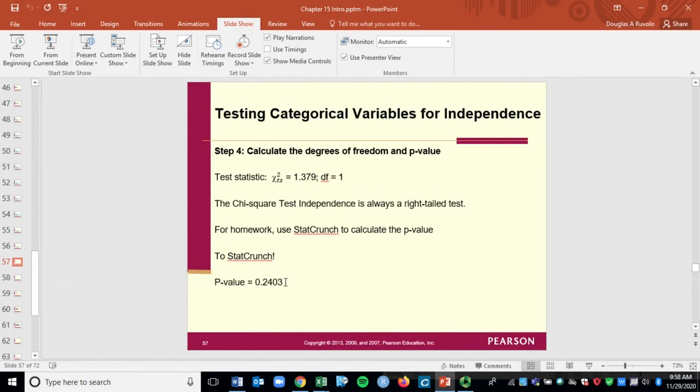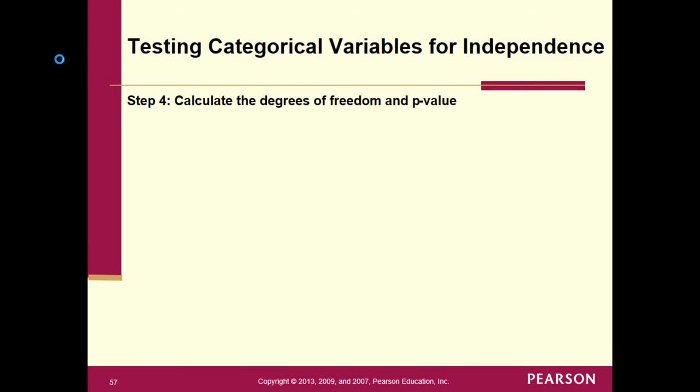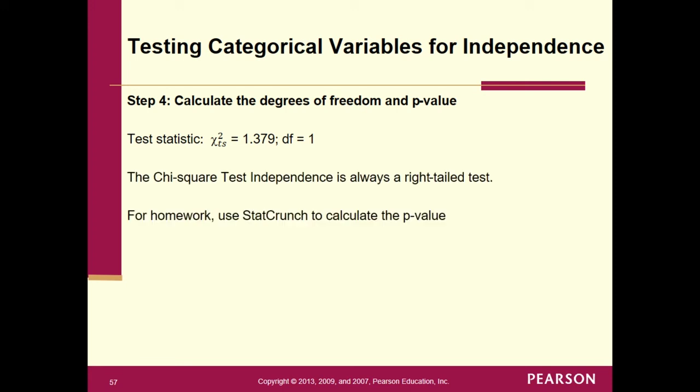There's our answer for the p-value anyways, okay? Okay, so I gotta let my computer catch up here, get back into the presentation. So when you do your homework and WebAssign asks for a p-value, all right, head over to StatCrunch to figure that out.